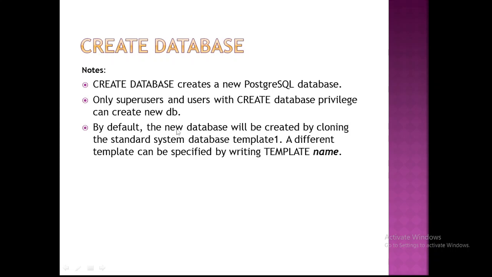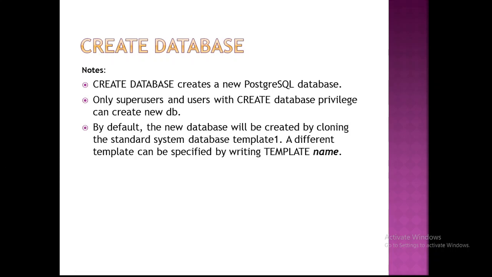By default, a new database is created by cloning the standard system database template1. PostgreSQL provides standard templates, template0 and template1. Template1 will be used all the time, and you can update it or create a new template for your system to use in your next database creations. So you can create your own template as well.